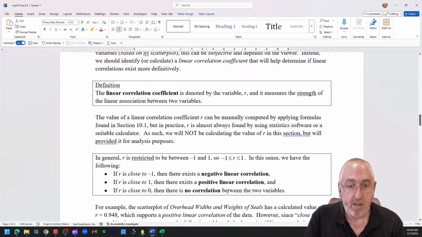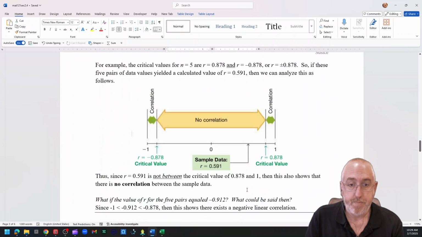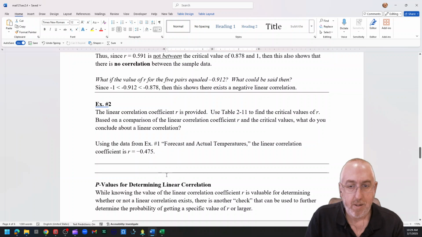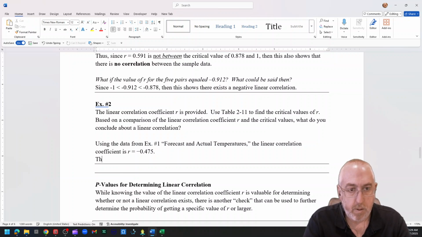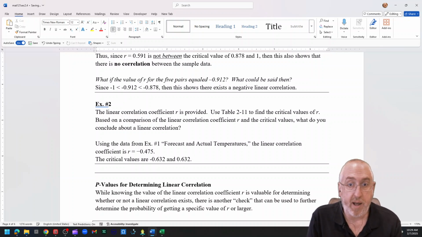So if we go back down to table 211 and look at 10, our critical value is 0.632. Now don't forget the negative though. Okay, so that's the first part. We have the critical values.